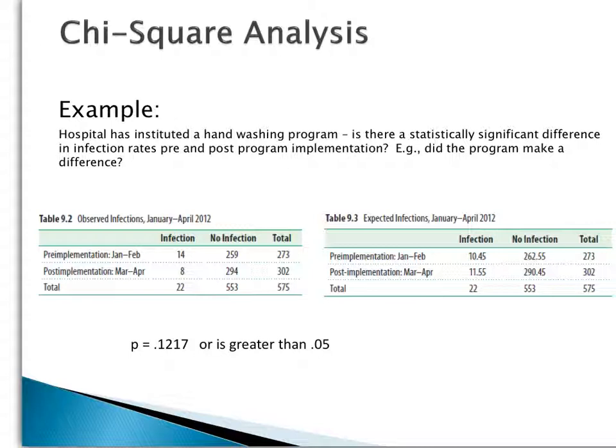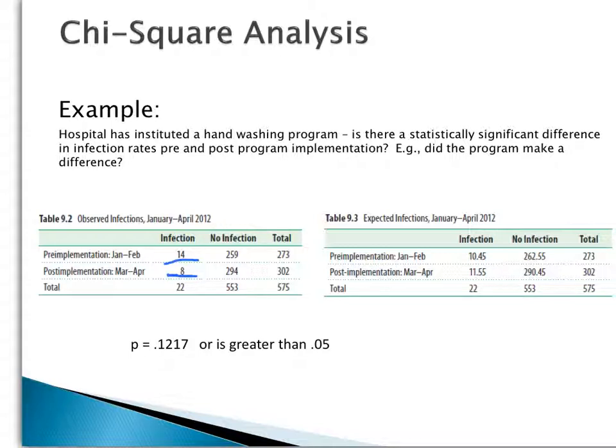Here's an example where a hospital has instituted a hand-washing program, and we want to know whether there was a difference between the number of infections noted from before they instituted the program to after. What the computer program does in chi-square analysis is based on the proportions that we see here, pre-implementation versus post, and these are the observed infections.